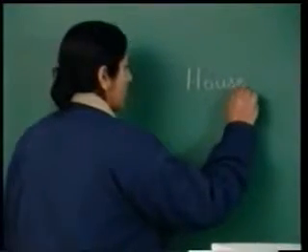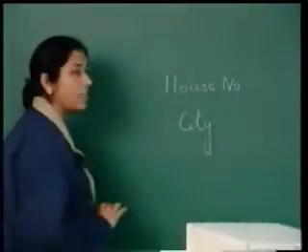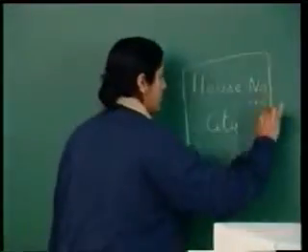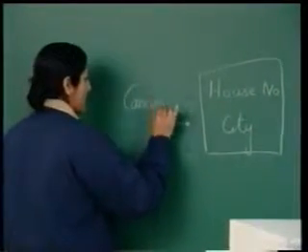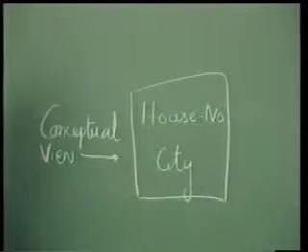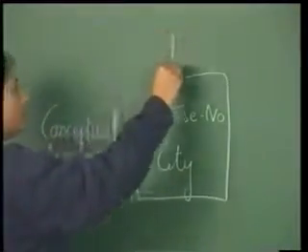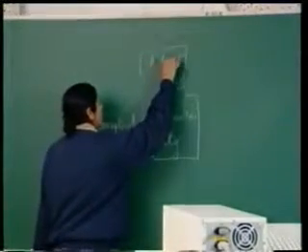Let's say, for example, we define conceptually the student address as two fields, that is the house number and the city to which he belongs, whereas externally the user would like to see this combined together as an address field.